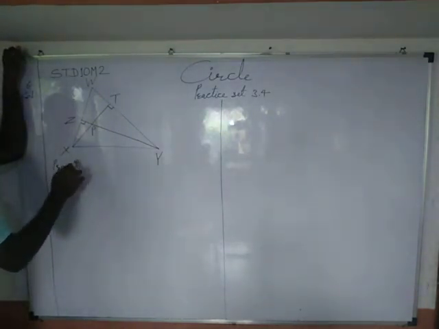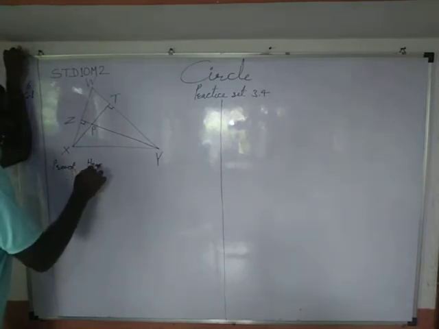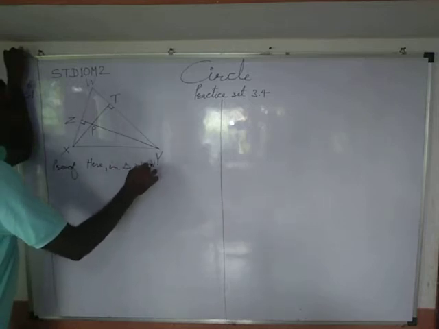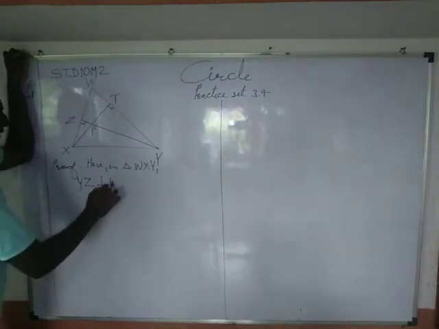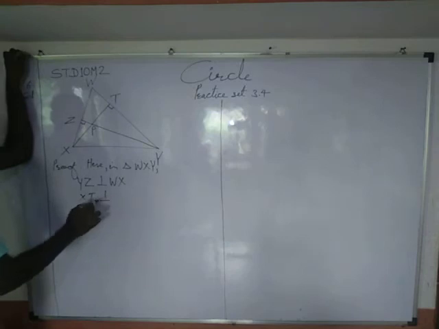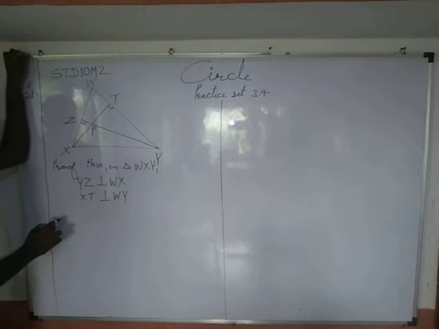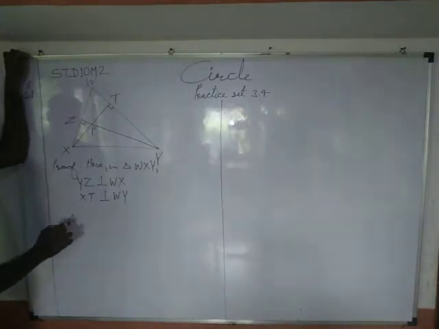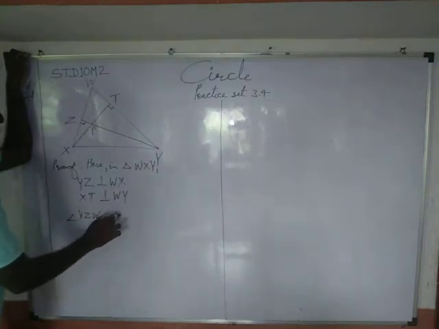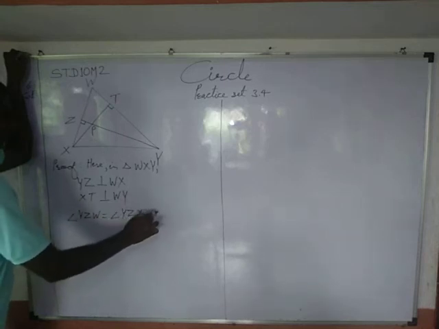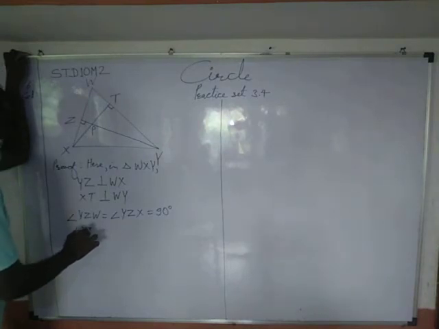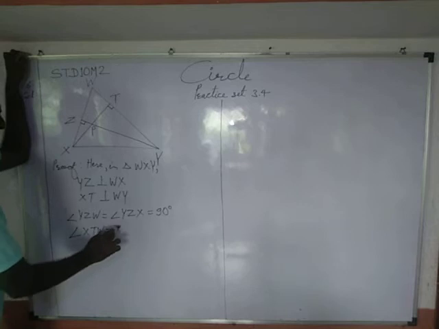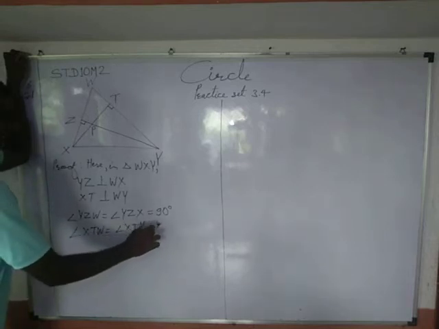Proof. Here, in triangle WXY, you may note YZ is perpendicular to WX and XT is perpendicular to WY, and therefore angle YZW equals angle YZX equals 90 degrees, angle XTW equals angle XTY equals 90 degrees.